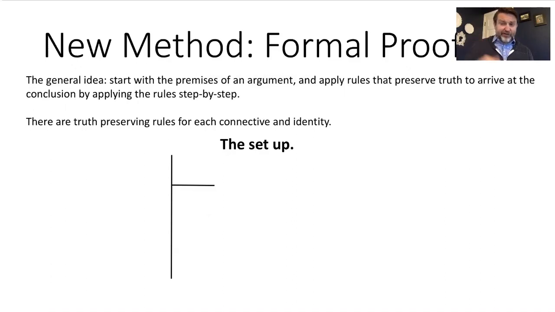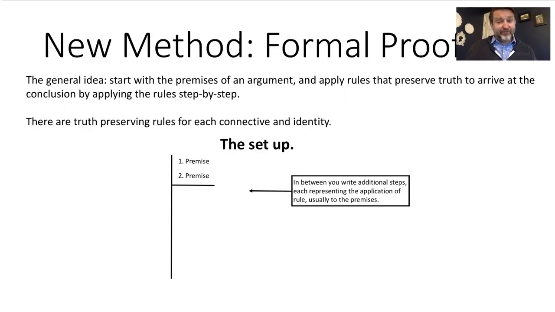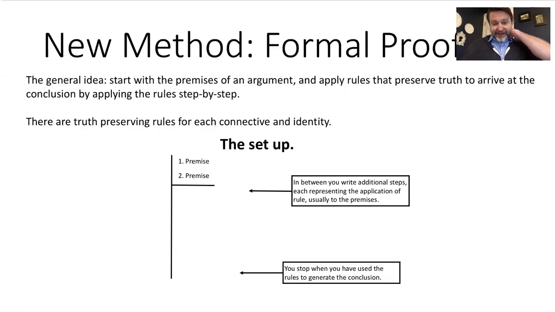So all of your premises go above that line, and then below that line, you are going to get the steps of the argument, right? So you're going to get premise 1, premise 2, however many premises are given to you in the argument. And then you're going to write additional steps in between those premises and the conclusion. And you stop when you've used the rules that we're going to develop to generate the conclusion.